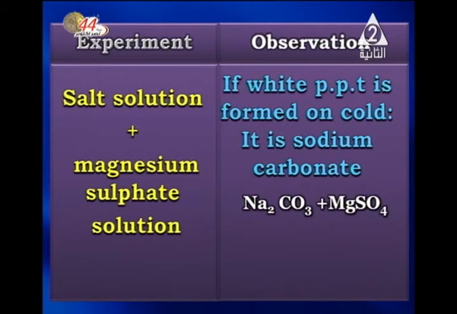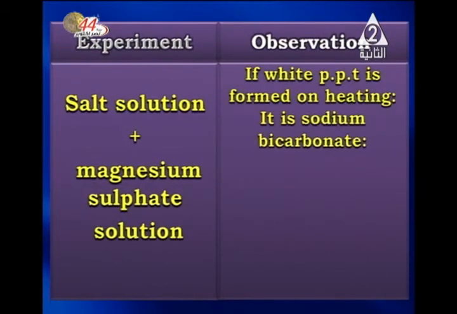As the equation shows, sodium carbonate plus magnesium sulfate gives sodium sulfate and magnesium carbonate, which is insoluble in water, giving white precipitate in the cold. But if white precipitate is formed after heating, it will be sodium bicarbonate.